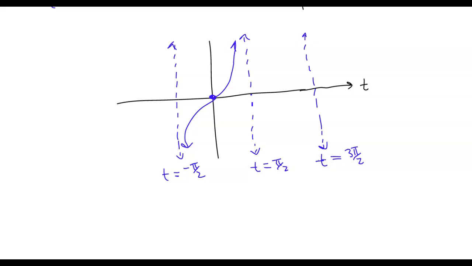So if that's the case, then of course right here, that will be the next place where tangent is 0, and we repeat the process. Okay. Now, because we know that our values of t, or our time here, has to be greater than or equal to 0, what that tells me is that I can get rid of all of this. Okay, I get rid of this side of my graph.